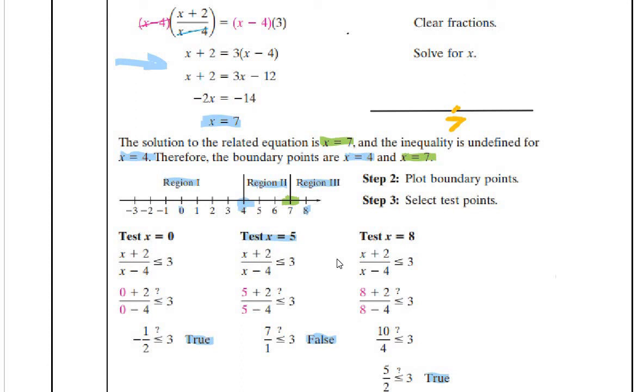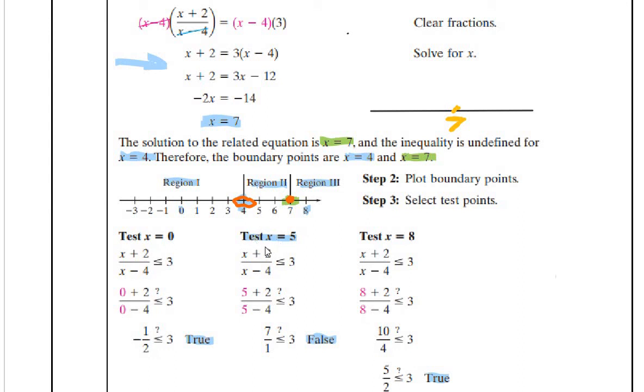Now just remember, when you indicate on the number line, you can never have the 4 inclusive, because that was the restriction. It cannot be included; it's always open. For the 7 you must see if it's greater than or equal to, or less than or equal to, and that's going to be a dot because it's included.